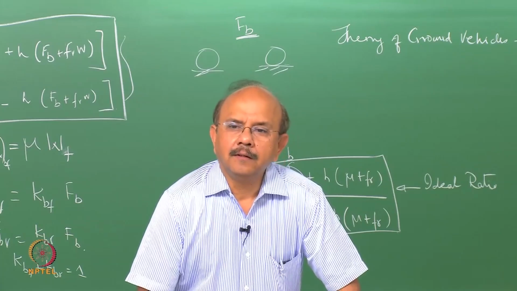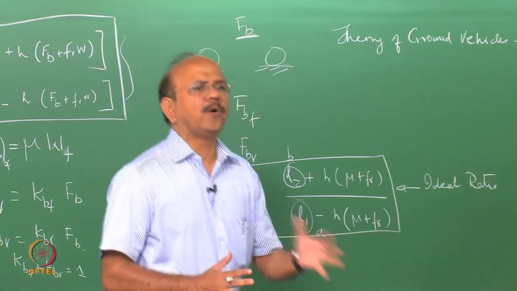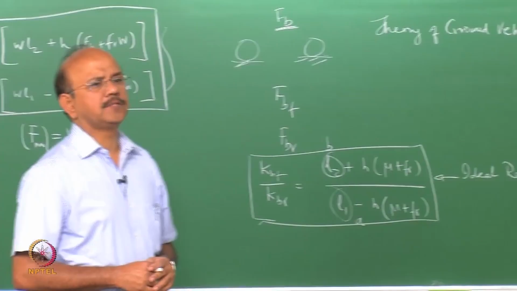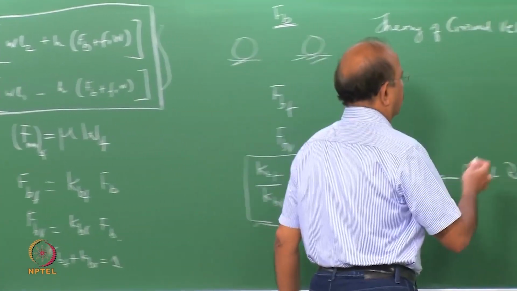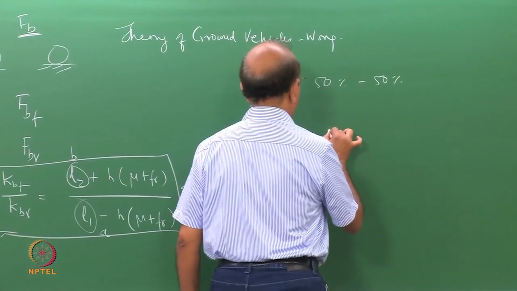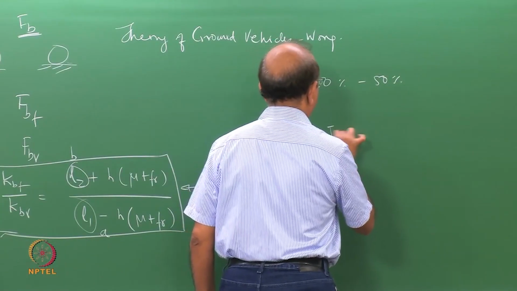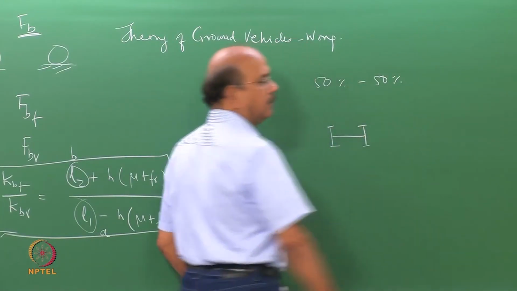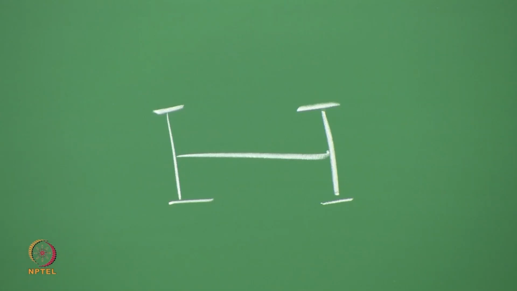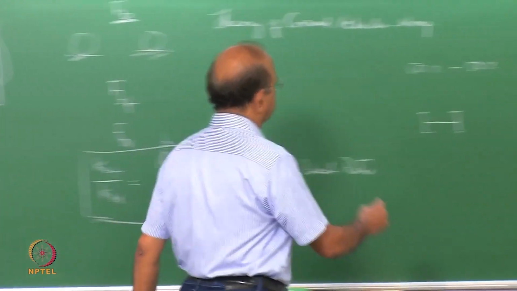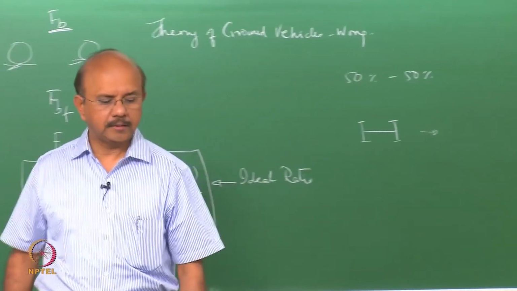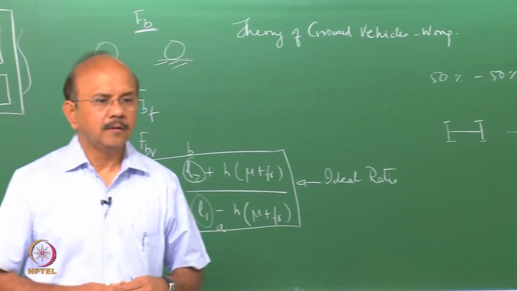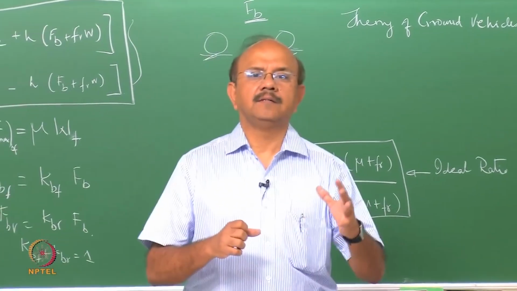Now, why are we worried about locking? What happens during locking? Let's understand that. Let's say that I have a vehicle, just a schematic diagram of a vehicle, which is traveling in this direction, of course. And let us say that one of the wheels locks. Let's say that the rear wheels lock.